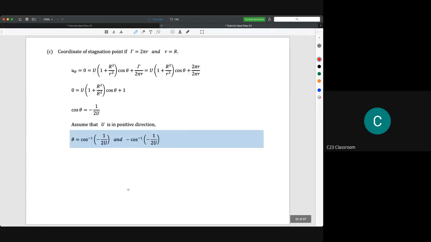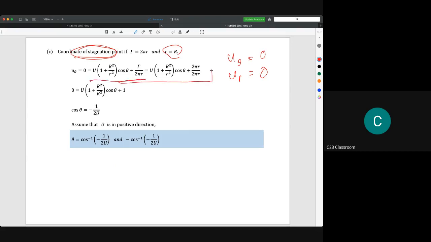Then the coordinate of the stagnation point, if gamma is equal to 2 pi R and r is equal to capital R. When we discuss stagnation points, the rule of thumb is that u theta and u r are equal to 0. So we assume that u theta is equal to 0, and this is the term of u theta.